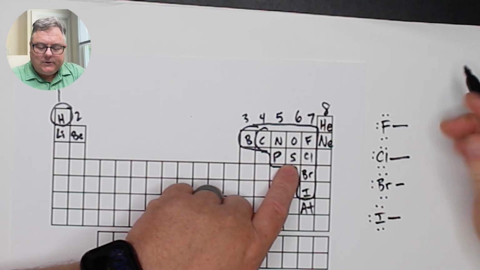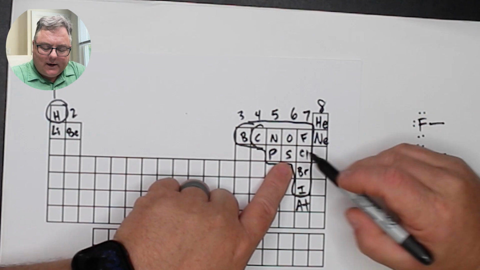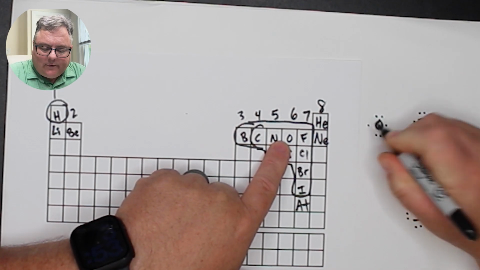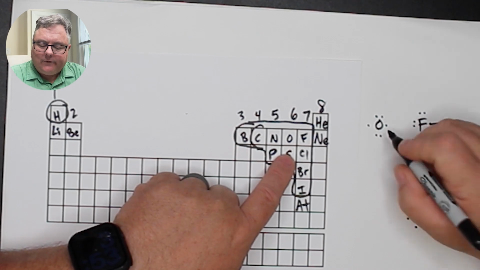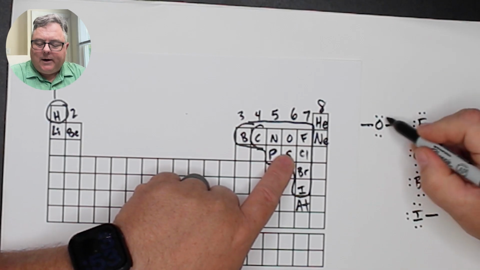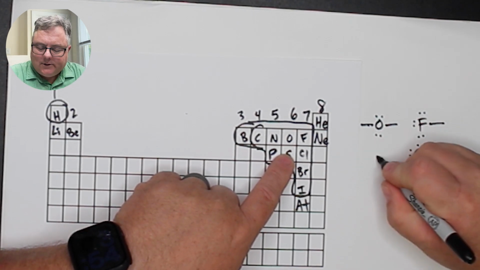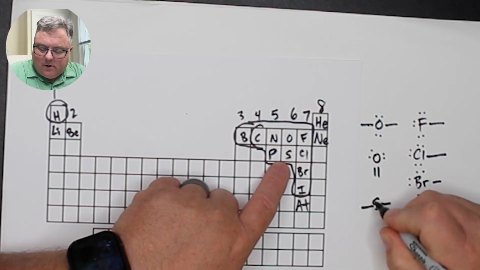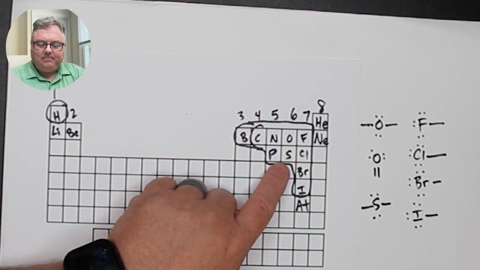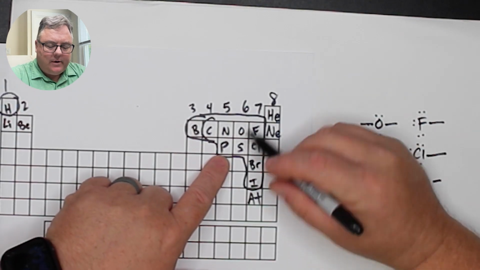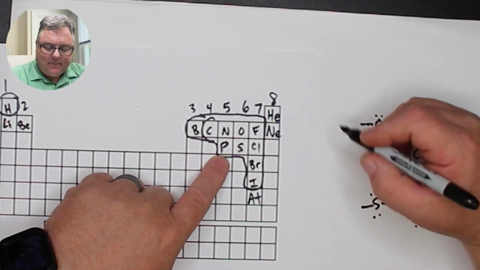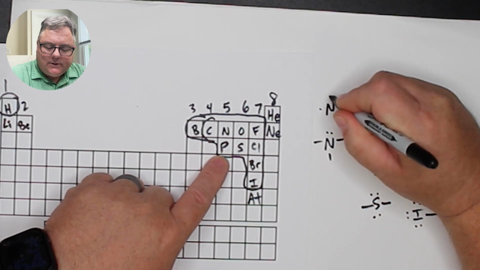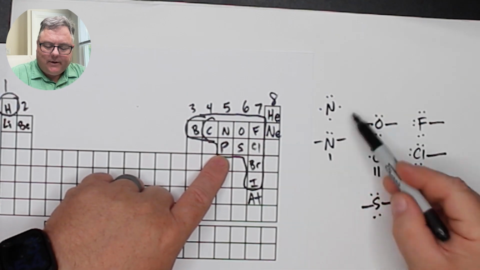Now how about oxygen and sulfur? Well, oxygen wants 2 more electrons to be like neon. So it starts off, since it's number 6, with 6 electrons around the outside. So maybe 2 single bonds and 2 lone pairs is normal oxygen. So normal oxygen might look something like this, or normal sulfur would be something like that. Nitrogen and phosphorus, they want 3 bonds to be up to 8. So normal nitrogen is 3 bonds and a lone pair. So nitrogen starts off with its 5 valence electrons and makes 3 bonds.